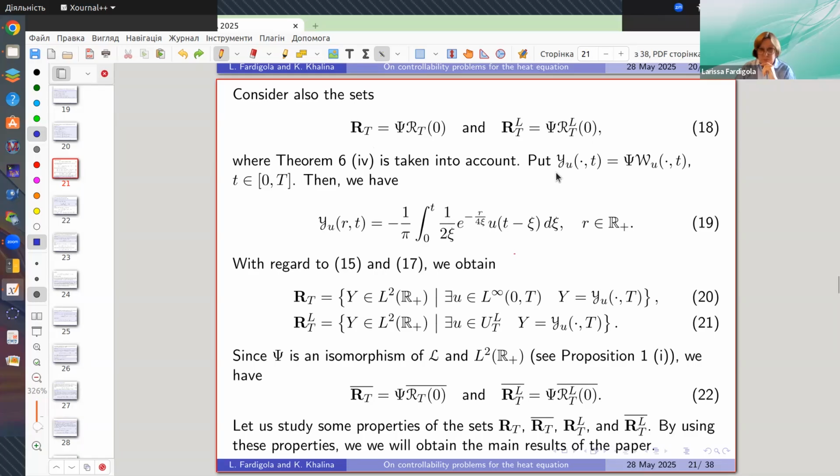And put Yu equals psi of wu. Yu of rt has the following integral form. It is obtained from the form of wu, and we can obtain the reachability sets both RT and both RTL in the following form.